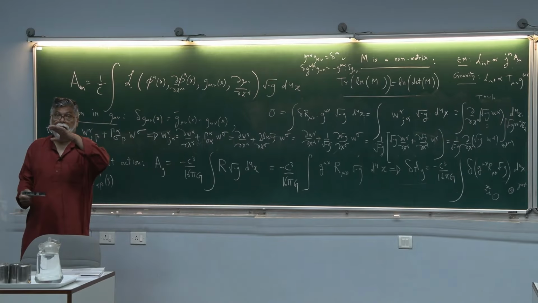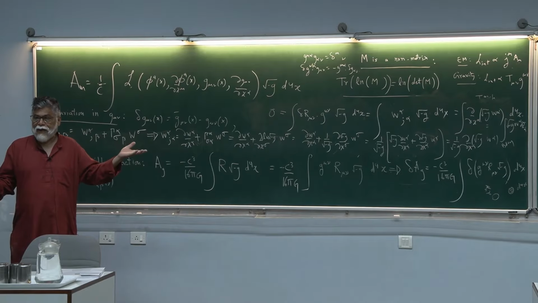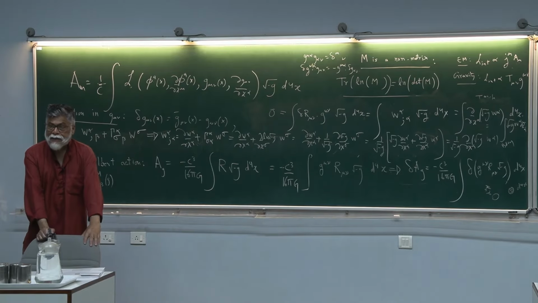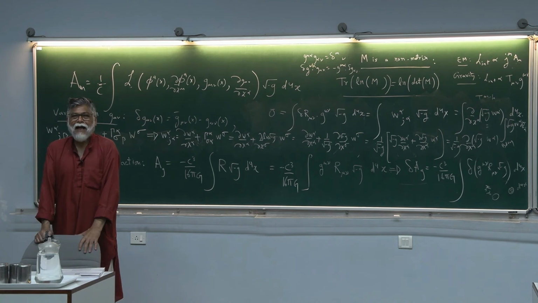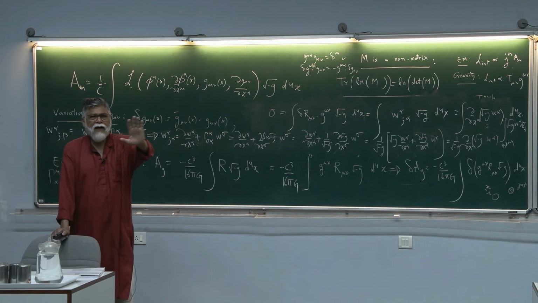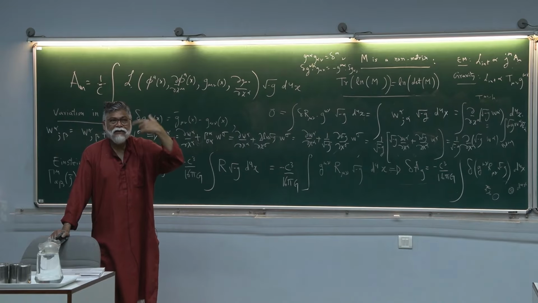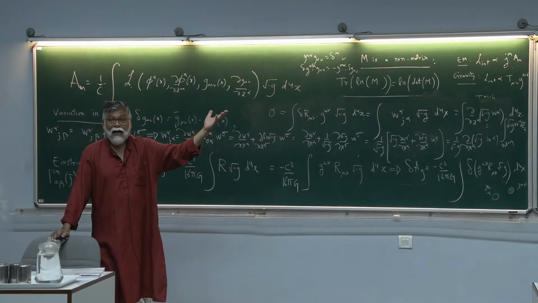Now here I'll make a remark. It's a magic actually, that your Einstein-Hilbert action was given in terms of the scalar curvature R, and scalar curvature R had second derivatives of the metric. Whenever you have a normal Lagrangian density which has second derivatives of the fields, when you do the Euler-Lagrange equation, you get third derivatives, and third derivative equations are bad for causality.